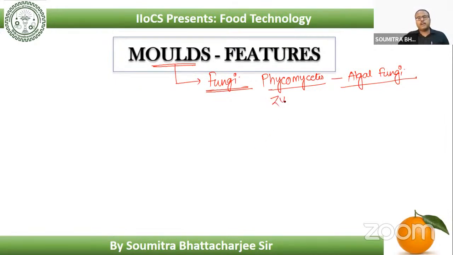In the same manner, we also have the Zygomycetes, which we represent as the conjugation fungi, and under which the molds used to form. Rhizopus, I hope so.